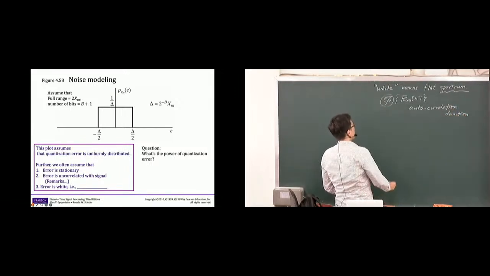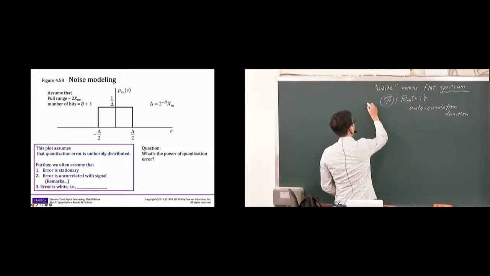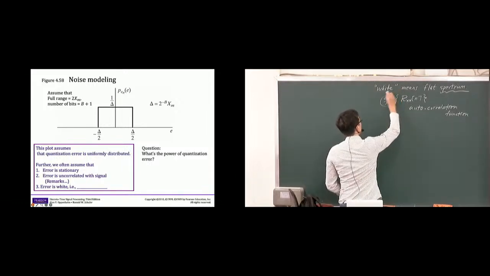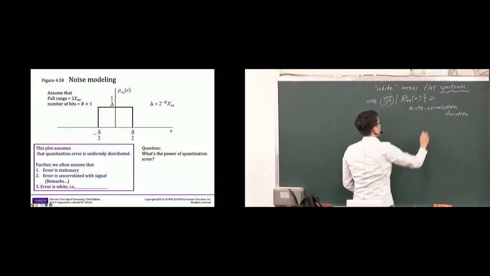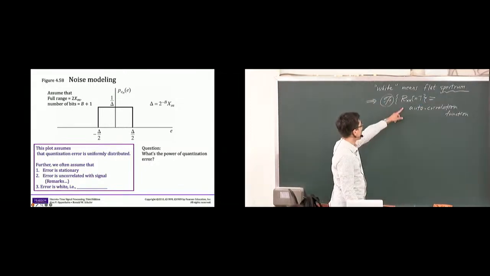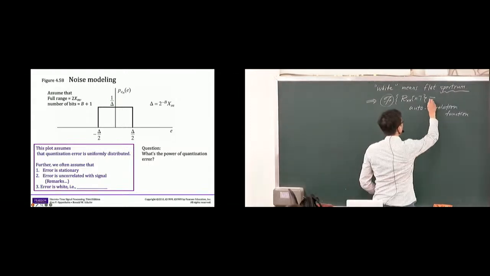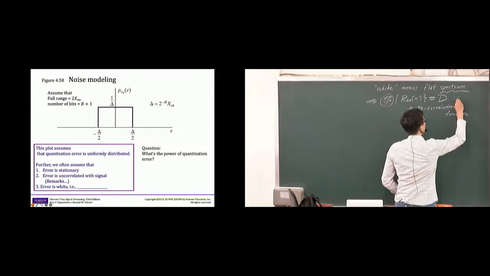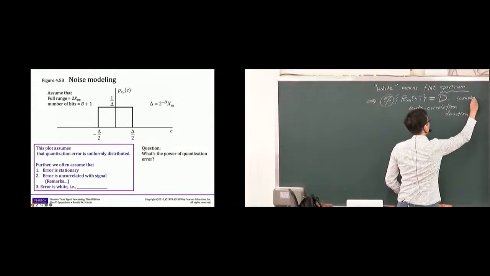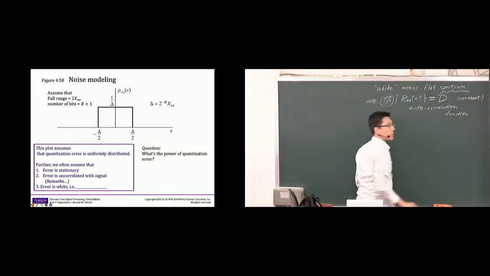And so for white, if the Fourier transform of this is a constant, let's say constant d, okay, a constant, then we say the spectrum really is flat.